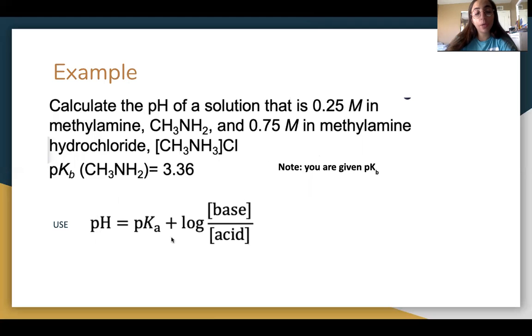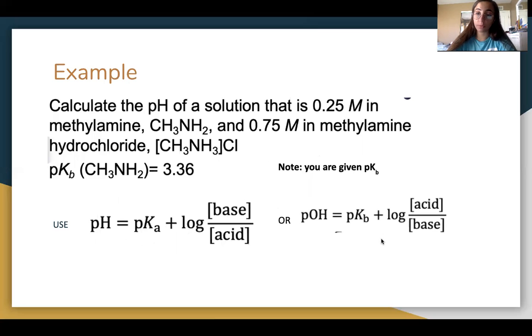The equation that we usually have says pH equals pKa plus log base over acid, right? So here we have pKb. We have two options. We can either use this equation, but we have to do some conversions. We can also use the other equation, this one, but we also have to do other conversions.